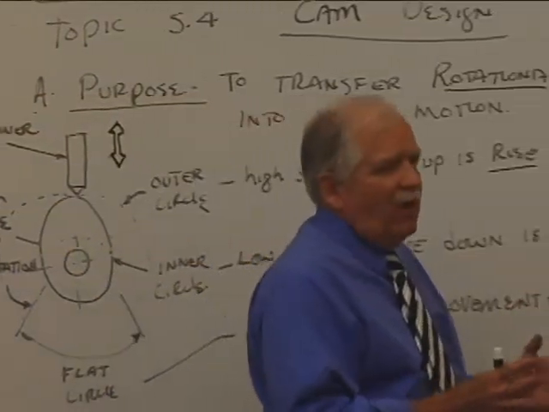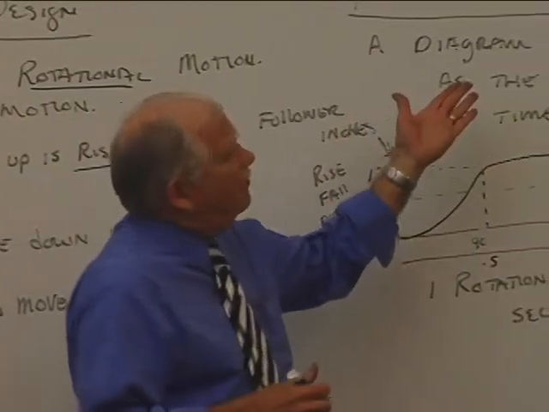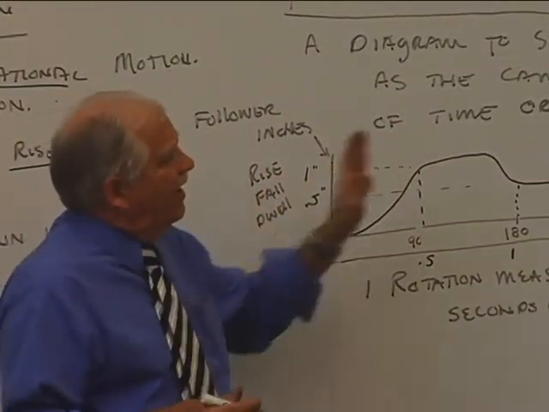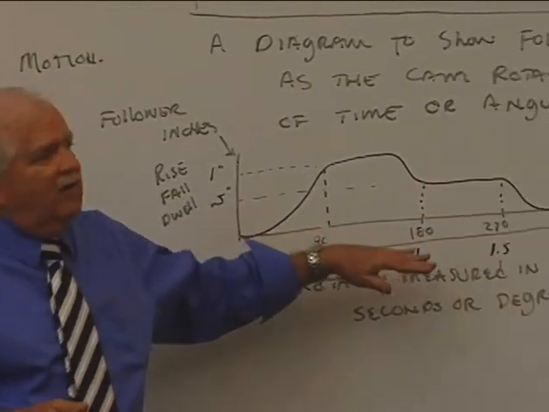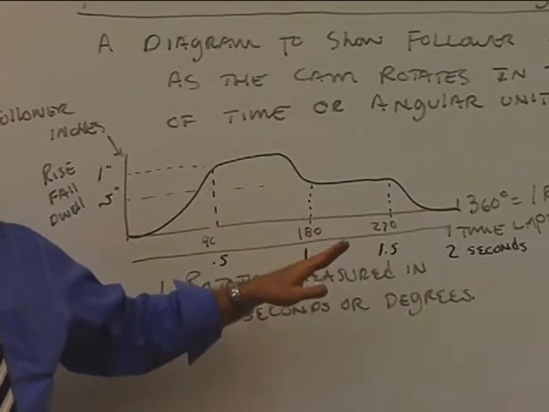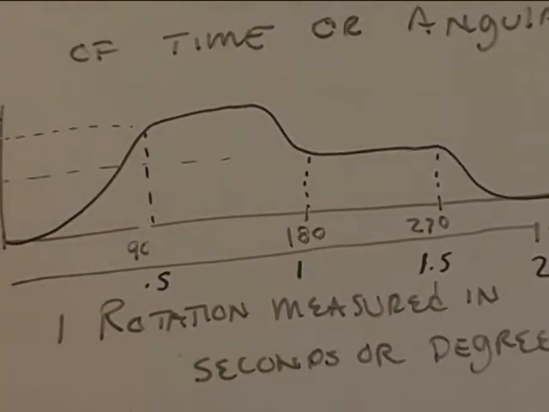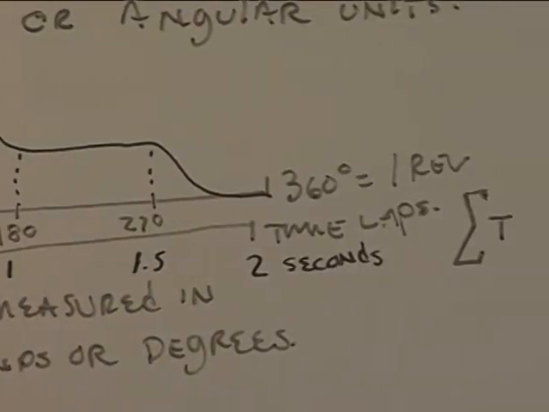Now, to describe this motion of the follower, we can put it into what's called a displacement diagram. This is a diagram that shows the motion of the cam on a straight line. So we can actually see more graphically what the cam looks like, instead of trying to decipher what it looks like in its original shape.